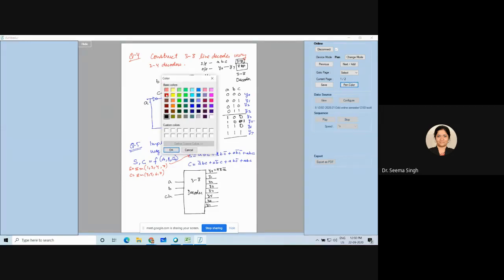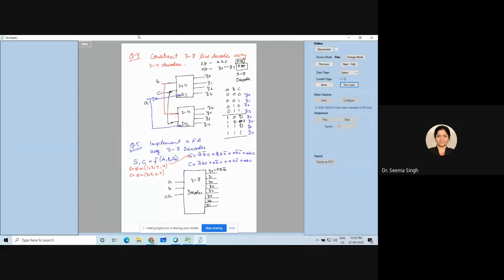You have already listed the min-terms. Easily you will take 1, 2, 4 and 7, put all these in an OR gate, and this is called your sum. Simple and easy, no?